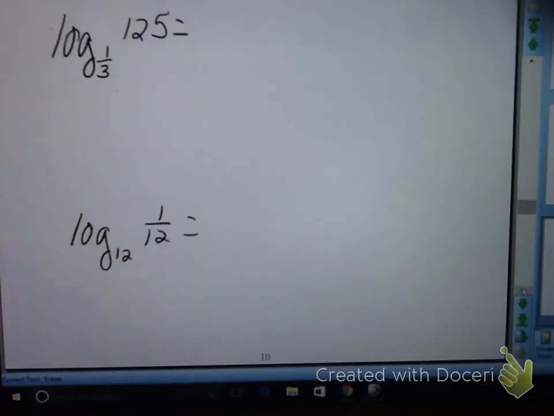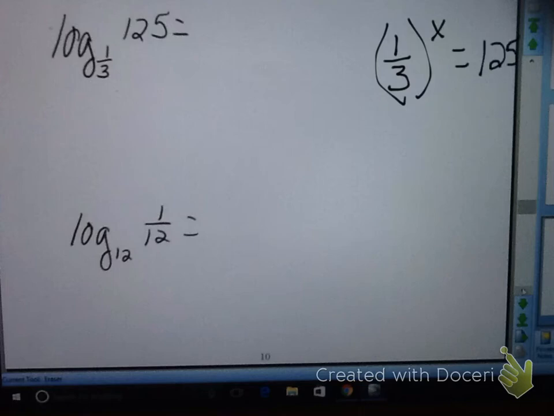Log base 1/3 of 125. Well, that's 1/3 to the x power is equal to 125. I've got to convert. First, I've got to put the 3 up top, so that's going to be 3 to the -1 power. So that's -1x is equal to 3 to what power gives you 125? I have an error.